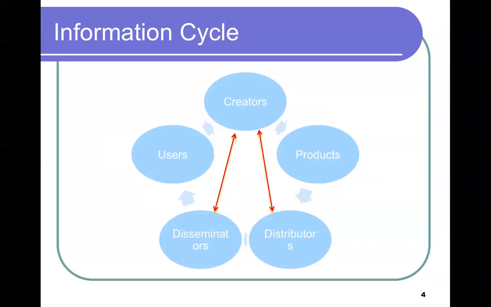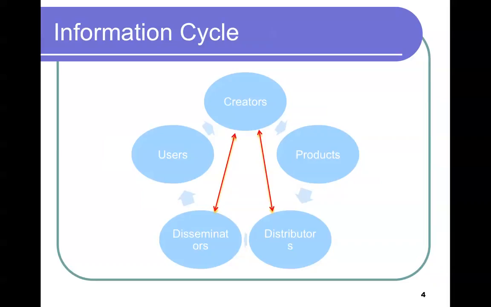To combine these two models, the cycle starts with creators. In oral format the creator will be a storyteller, in written print format the author, researcher, or journalist, and in the electronic format the programmer and database compiler. Once information is created, it turns into a product.